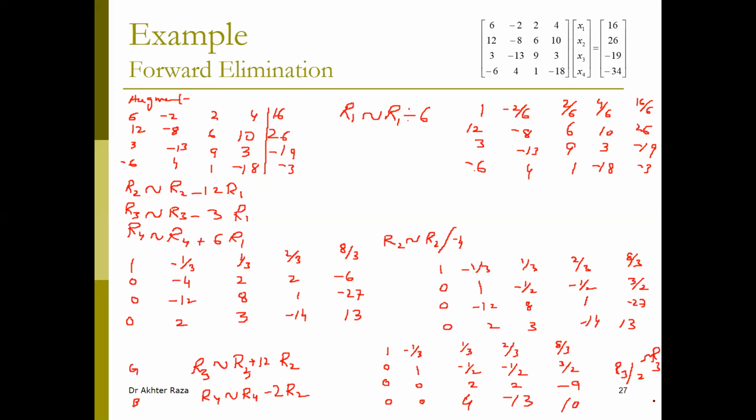So the next step is row 3 is equal to row 3 divided by 2. This is to be carried out in the next slide. So in the next slide, we have all of these elements. So you have to tell me what are these other steps.